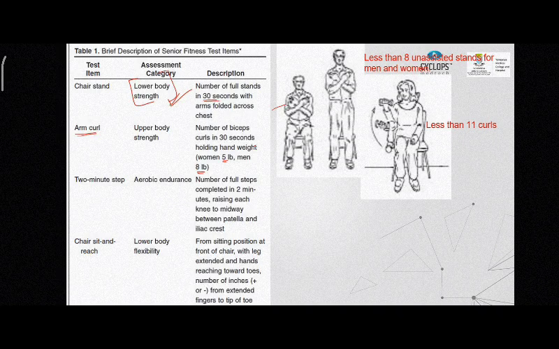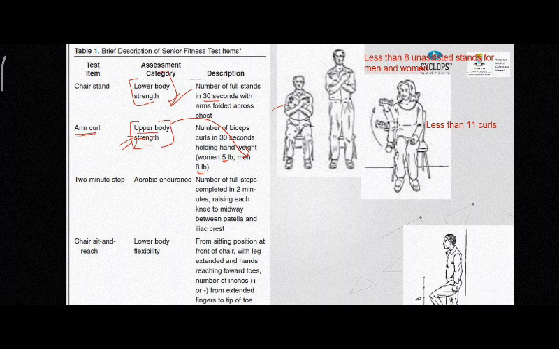If they are doing fewer than 11, then we can say that the upper body strength is not proper. And what will be our therapy? We will start giving him exercises for upper body strength.